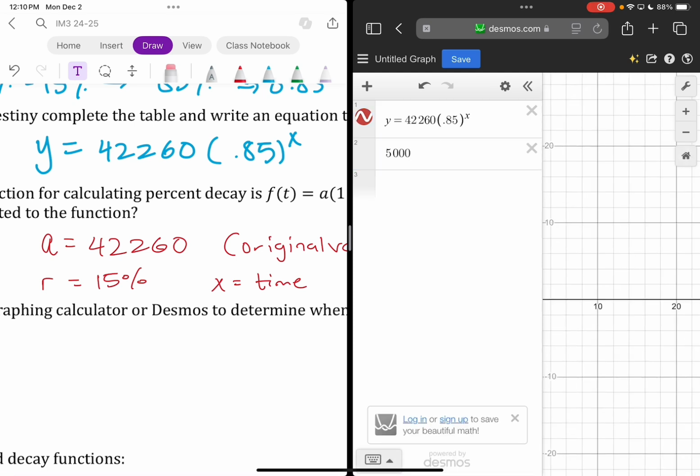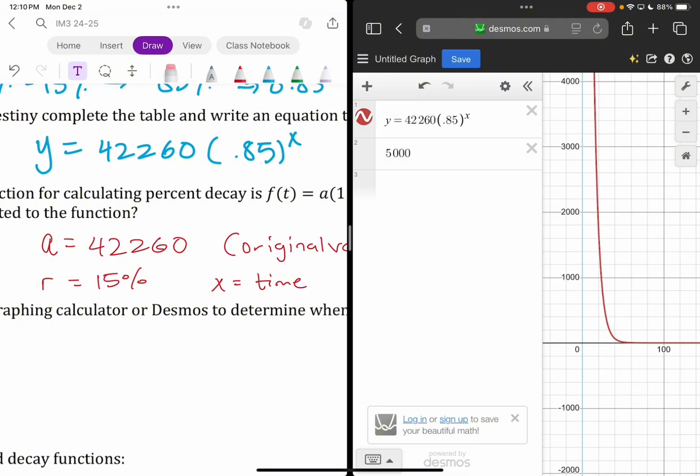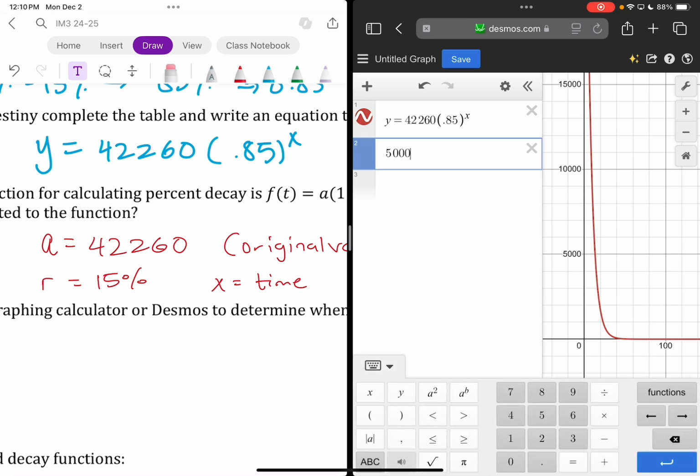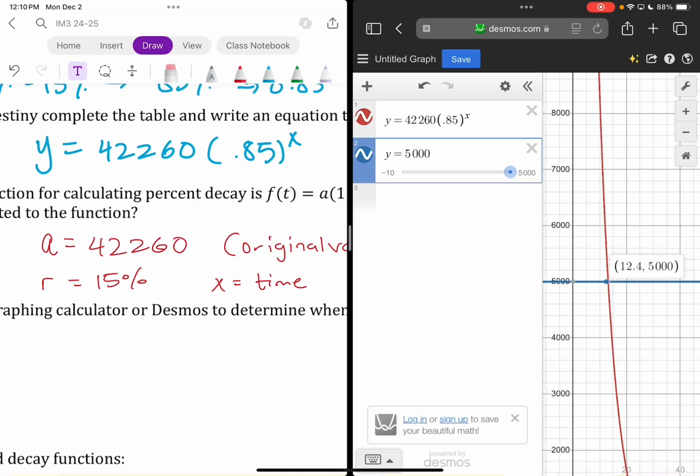All right, so let me make this a lot smaller. Y equals. There it is. All right, so let's find that point of intersection.